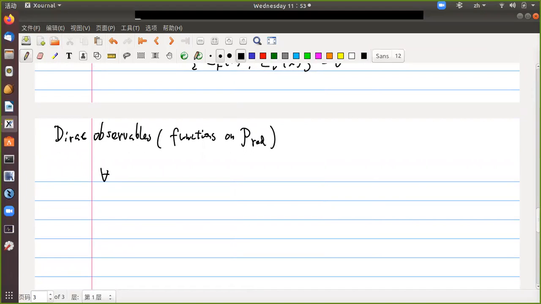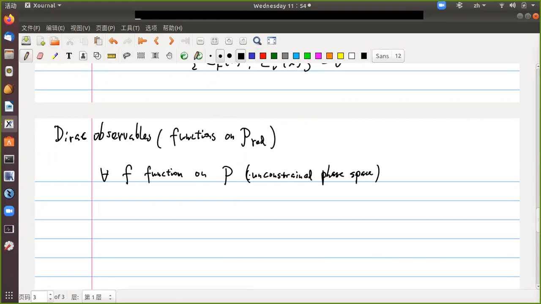Let me consider an arbitrary function f on the unconstrained phase space.